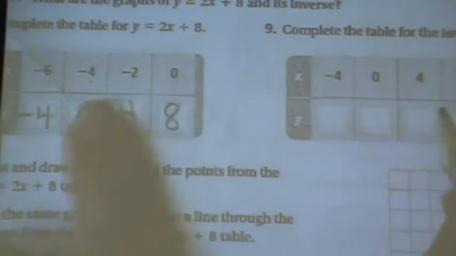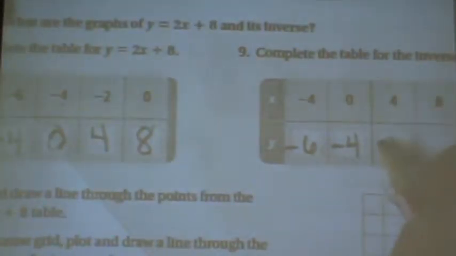Okay? And now, what would be the inverse? Well, your x values are going to become your y values. So each of these points you're going to switch: -4, -6, 0, -4, 4, -2, and 8, 0. Let's plot these points.